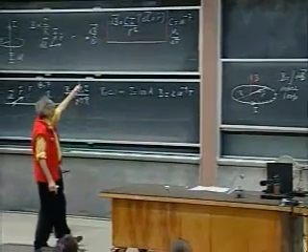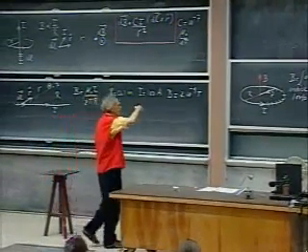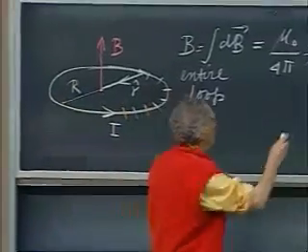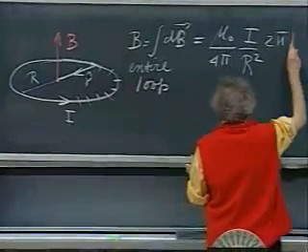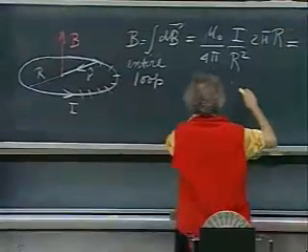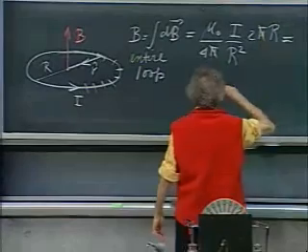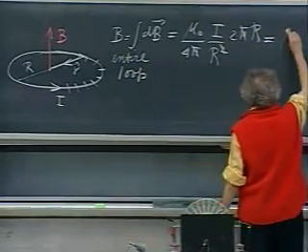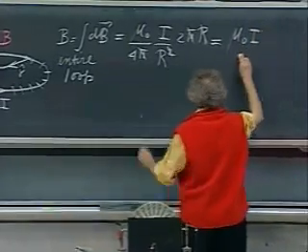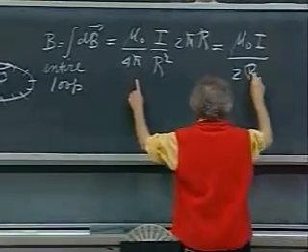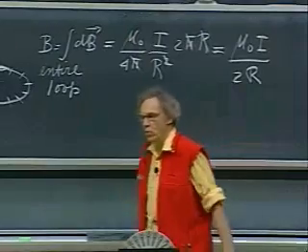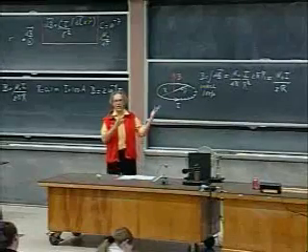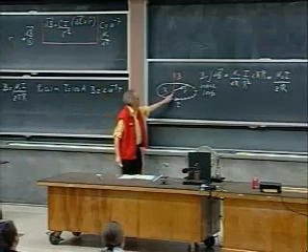And so all we have to do is an integral over dl, which is the integral over this circle, which is the circumference of the circle, and that is 2 pi r. And so now you lose a pi, you lose an r, so you find mu 0 times I divided by 2r. Just to show you an example, in this case, how easy it is to use Biot-Savart and calculate the magnetic field right at the center.